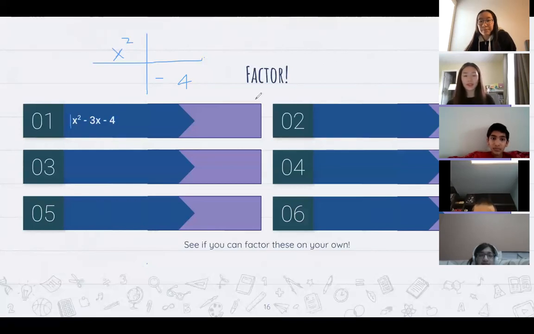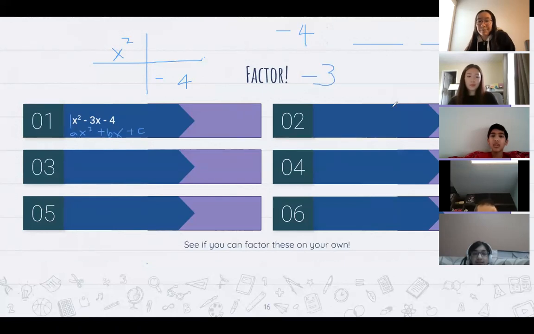You don't look at the x's, you just do the coefficient. So we got negative 4. And now we need to figure out what factors of negative 4 will add up to b, which is negative 3.